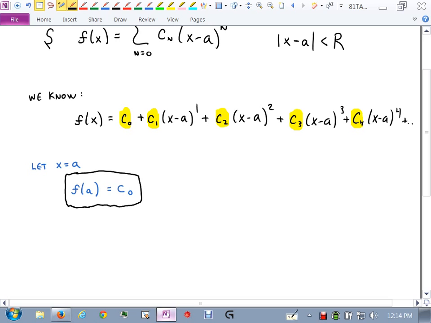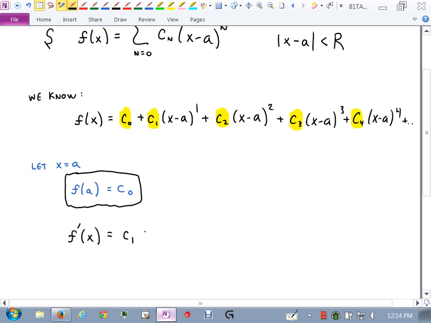Now, this is where the clever thing happens. Take the derivative of f. So what's the derivative of f? Well, the derivative of c sub 0 is what? 0. Okay, derivative of this right here? C sub 1 times x minus a to the 0 power, so it's just c sub 1.